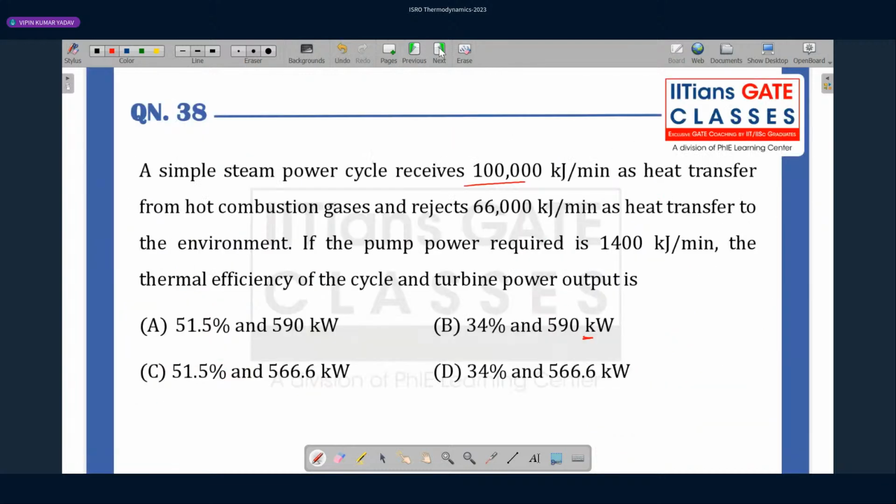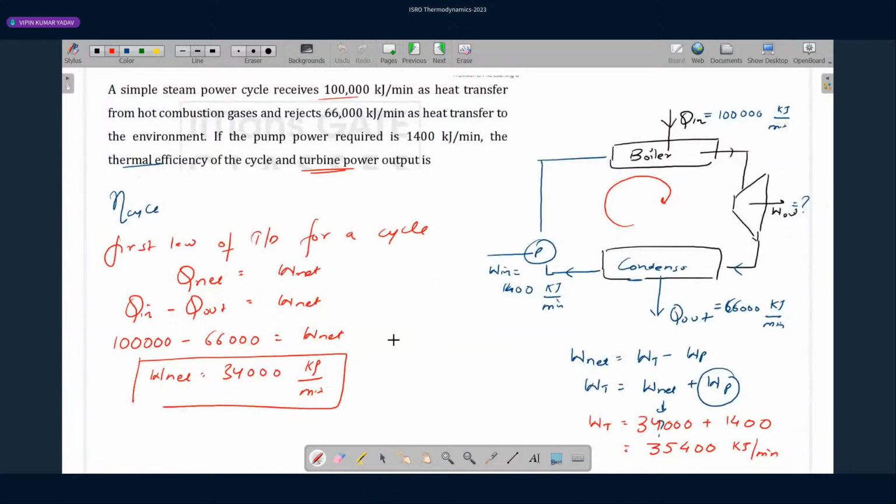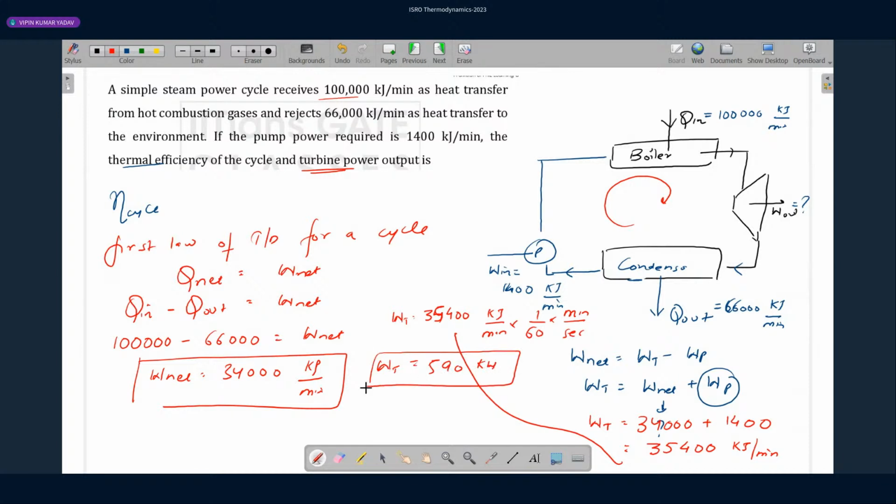So what can I do? Work of turbine is 35,400 kilojoule per minute into 1 upon 60 minutes per second. So this will be your 590 kilowatt. Turbine work, how much is it? 590 kilowatt.